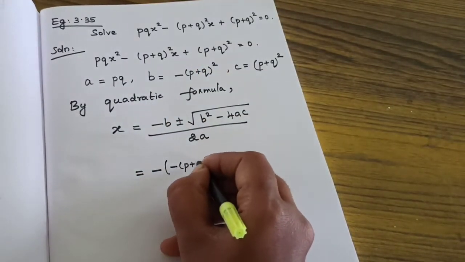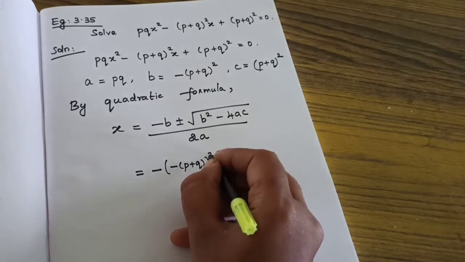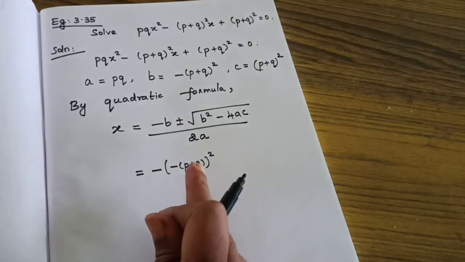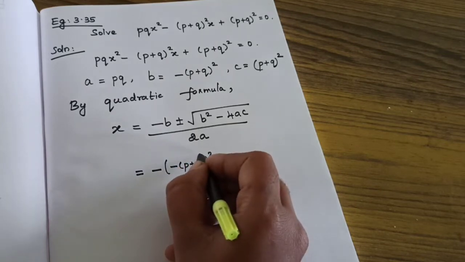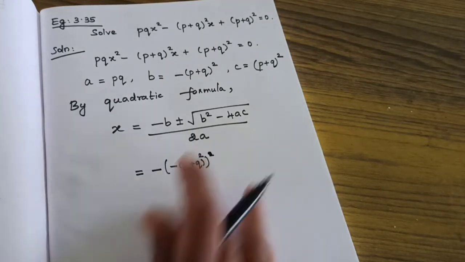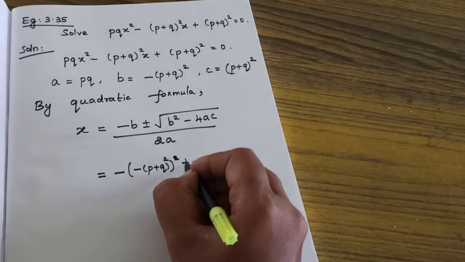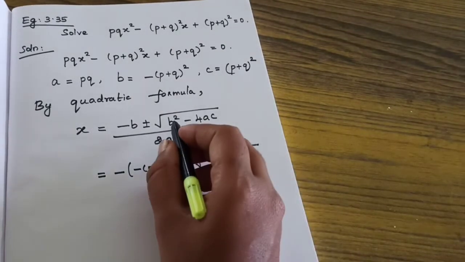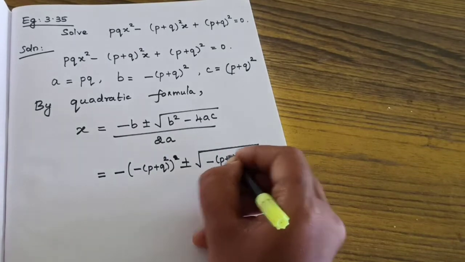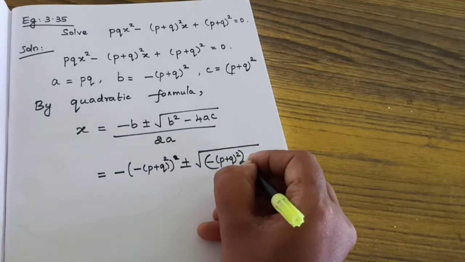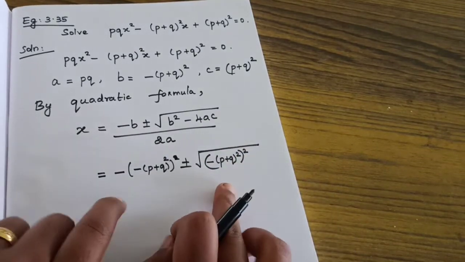So minus p plus q the whole square. For this only square, no? So minus we can take outside. Here only square. Okay. Then plus or minus square root of b square, minus p plus q the whole square, the whole square. You need to listen carefully.